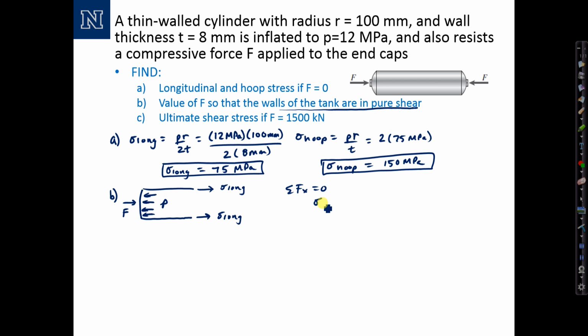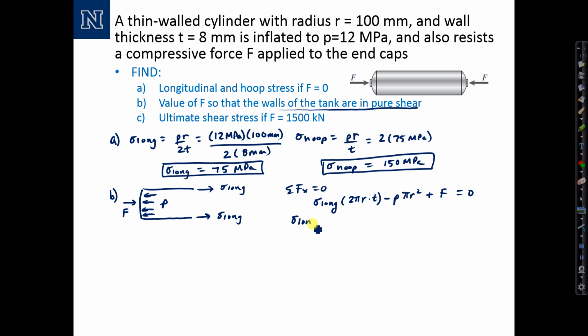I have the longitudinal stress, which acts over an area equal to the circumference times the wall thickness, so 2 pi r times t, minus the pressure, which acts over projected area of pi r squared, and then plus the force equal to 0.